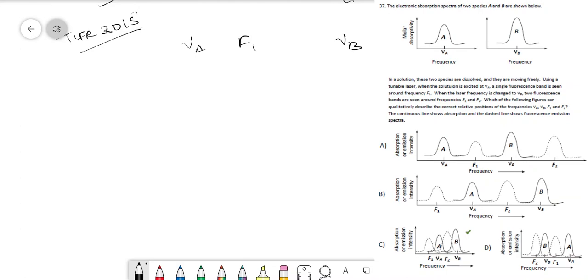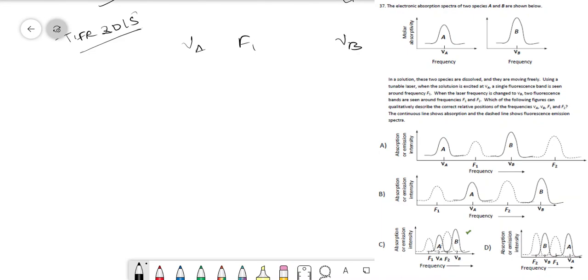For a molecule which is having both absorption and emission, you can never have options like A and B, because the peaks are very much separate. There has to be some overlap between the peaks of absorption and emission.